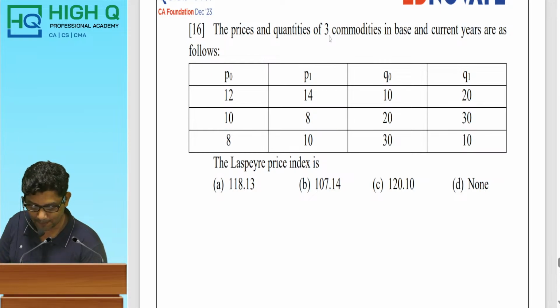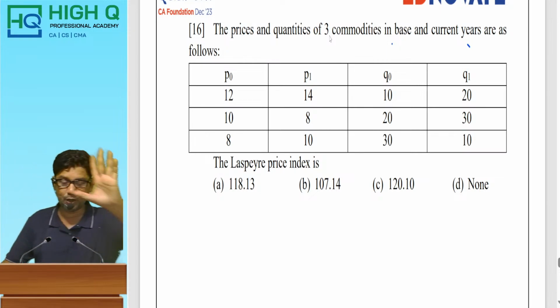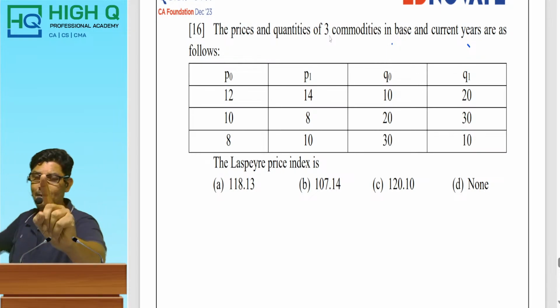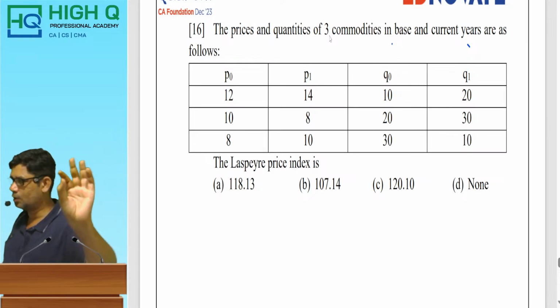Now, the prices and quantities of three commodities in base and current years are as follows. Last price index number. My dear, I want you to find out. Please keep the timer. 1 minute maximum to complete this.